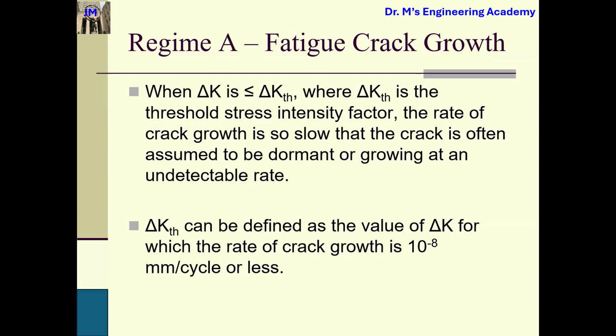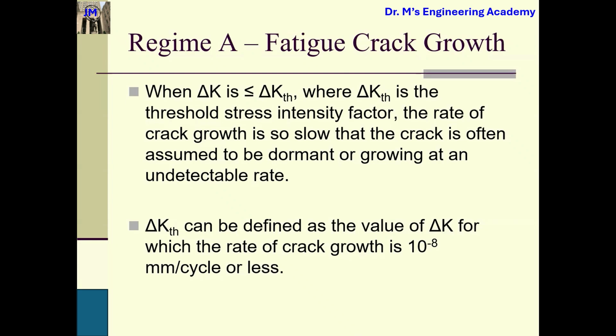Delta K_th is the threshold stress intensity factor, and the rate of crack growth is so slow that the crack is often assumed to be dormant, or growing at an undetectable rate. It's very slow.